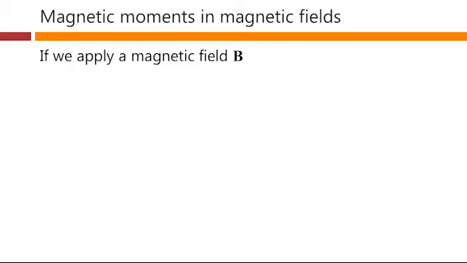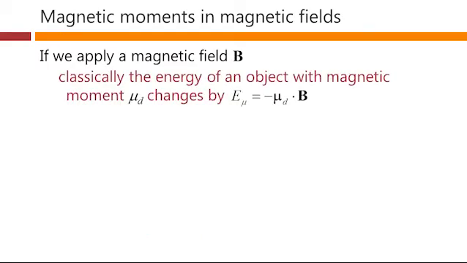Now, if we apply a magnetic field, classically the energy of an object with a magnetic dipole moment, mu d, changes by an amount that is minus mu d dot producted into the magnetic field. This is like thinking of the energy of a little magnet in the presence of a magnetic field.